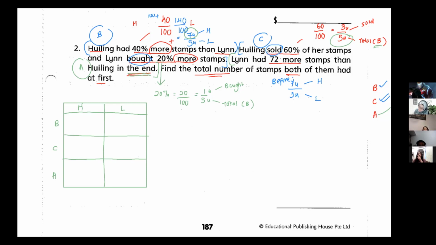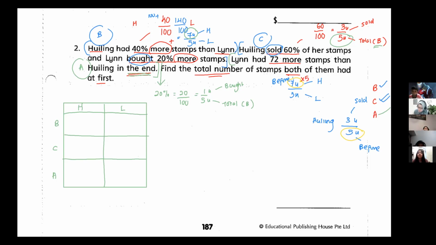Then after that, for Hui Ling only, we have 3 over 5 units. This is sold. This is Hui Ling's before. Now I want to look at these two. This is Hui Ling's before, and this is Hui Ling's before. Are they the same? 5 and 7. They're not the same, but they're talking about Hui Ling's before. So you have to make Hui Ling's before the same.